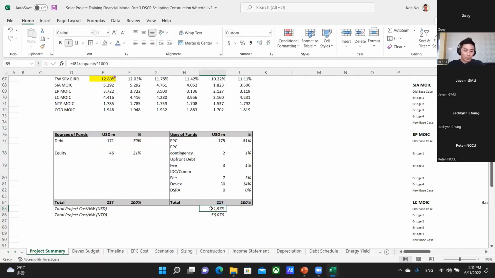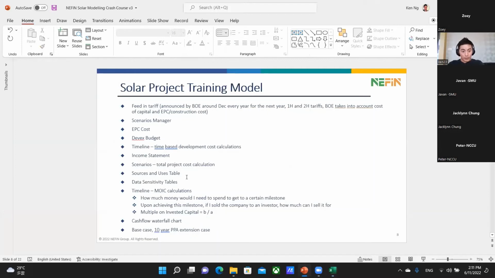Generally, the total project cost on a per kilowatt basis in US dollars should be roughly about 2,000 US dollars. And likewise, in NTD, it should be roughly about 60,000 NT. So this is another way of sanity checking your financial model to make sure that you're not producing crazy numbers in your financial model. So that's the sources and uses.